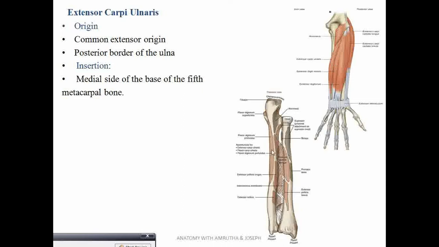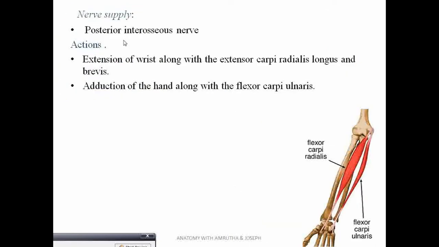So here extensor carpi ulnaris origin can be seen. Origin from the posterior border of the ulna, inserted to base of the fifth metacarpal bone on the medial side of it. Fifth metacarpal bone. Nerve supply is posterior interosseous nerve.